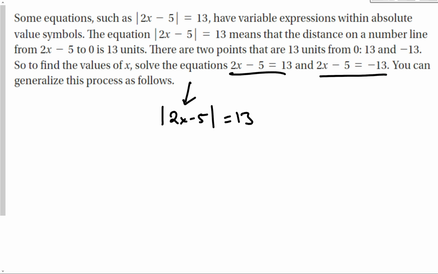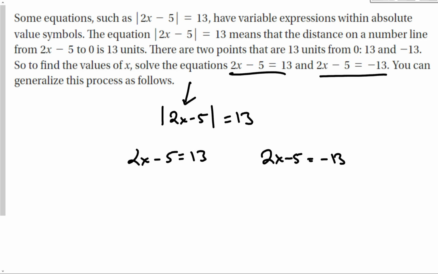The inside could be equal to a positive 13, or the inside could be equal to a negative 13 as well. And once you put it into the absolute value, both of those expressions are going to give you 13.